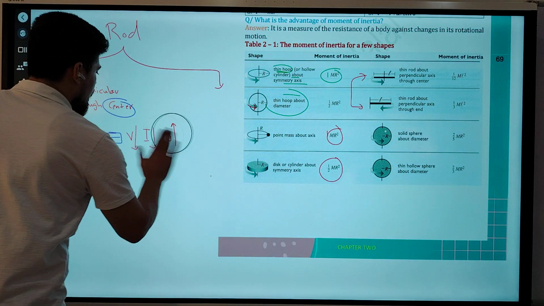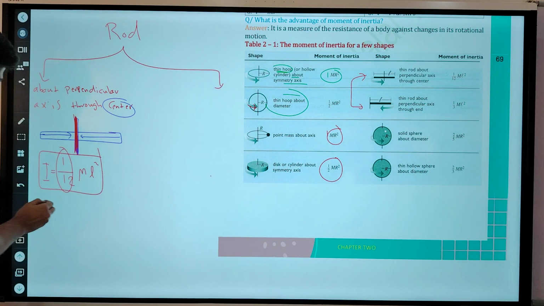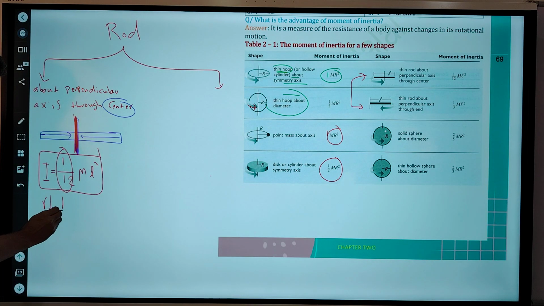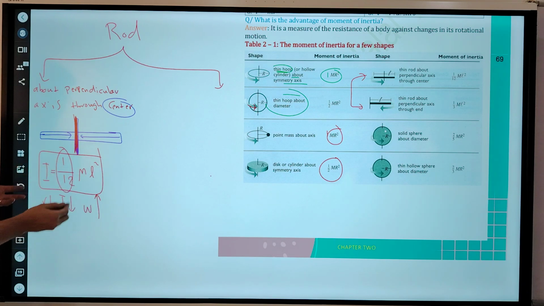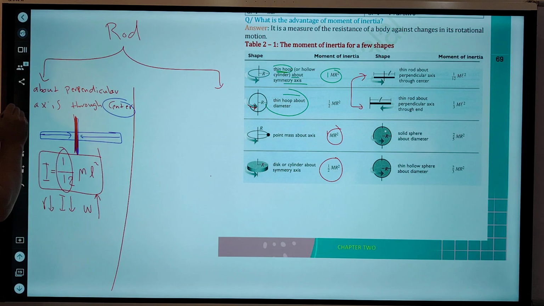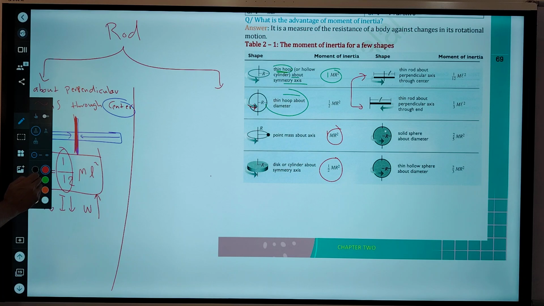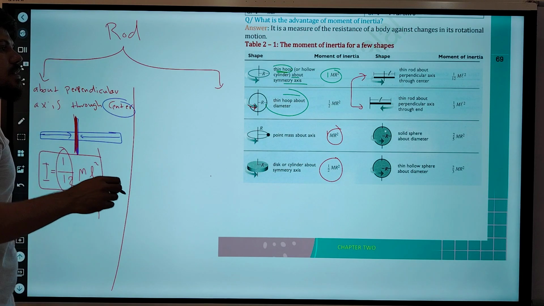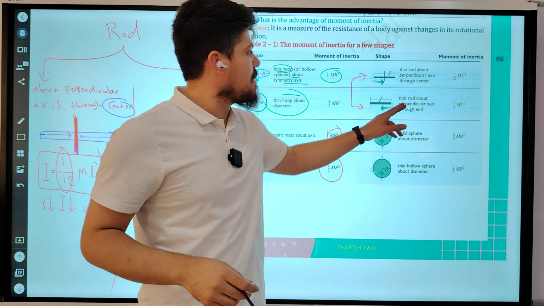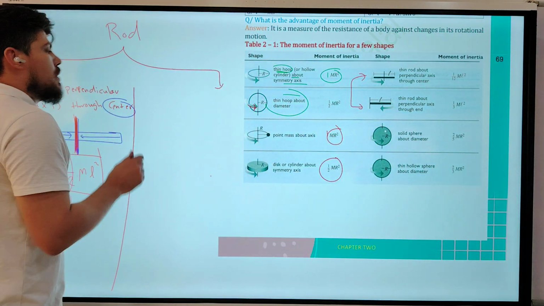But in the second case, less R, less moment of inertia, but more angular speed. What do you mean by more angular speed? It means that it's easy to rotate. Okay, so the second case, about the second shape, thin rod about the perpendicular axis through the end.